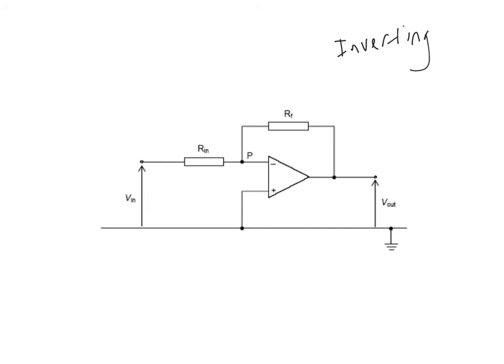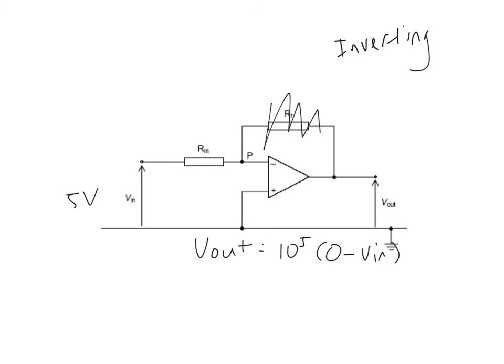Now let's say we start off without any negative feedback, without a feedback resistor. Then it's like a comparator, right? So V out equals 10 to the power 5 times (V plus minus V minus), if it's DC. Your V plus is how much? Can you see it is earthed? So it's 0 minus your V in. If let's say your V in is 5 volts, then your V out will be 0 minus 5, which is negative, saturated.